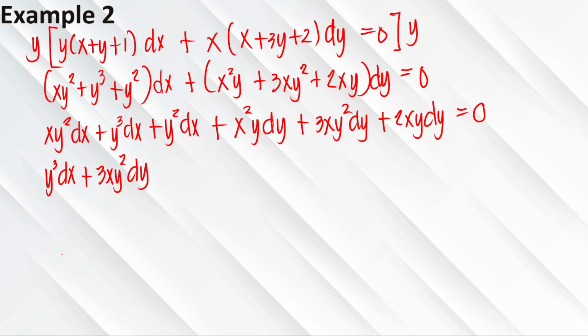So lagyan natin siya ng cross mark para sabihin na nakuha na natin siya. Ayan. So meron pa tayong 1, 2, 3, 4 na pagpaparisin.